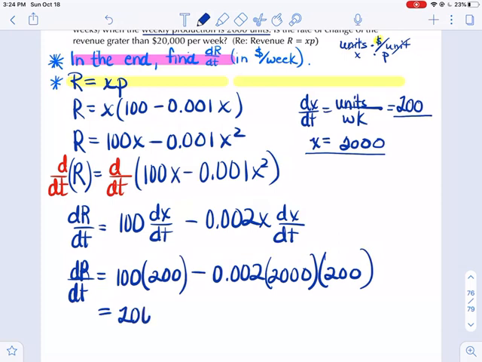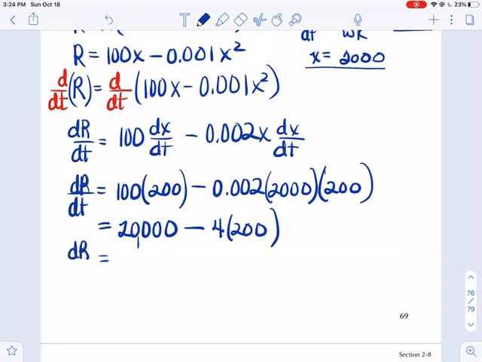So we get 100 times 200, so it's 200 and add 2 zeros, 20,000. Minus then, if I have 2 times 2 is 4. If I multiply by 1,000, I would just get 2. But because I'm multiplying by 2,000, I get 4 times 200.